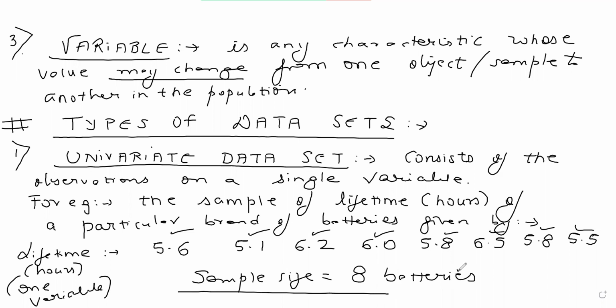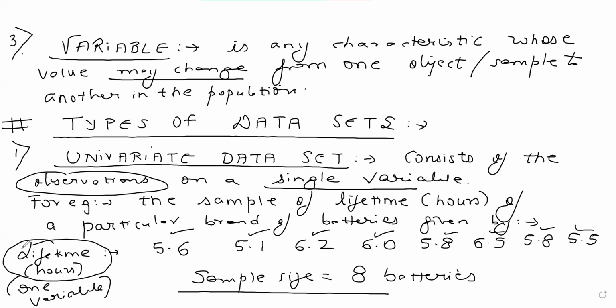And these 8 batteries are telling us what's the lifetime, how many hours they can operate. So univariate data set basically talks about one variable, observations regarding one variable. In our example, the variable is lifetime of the batteries. Okay, so I hope students have understood.